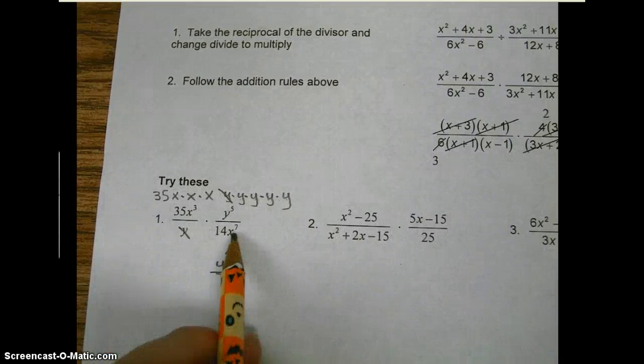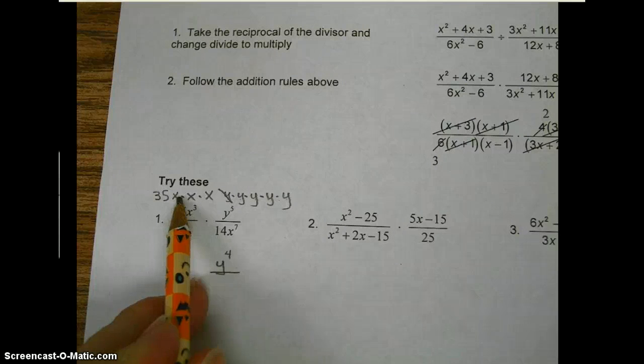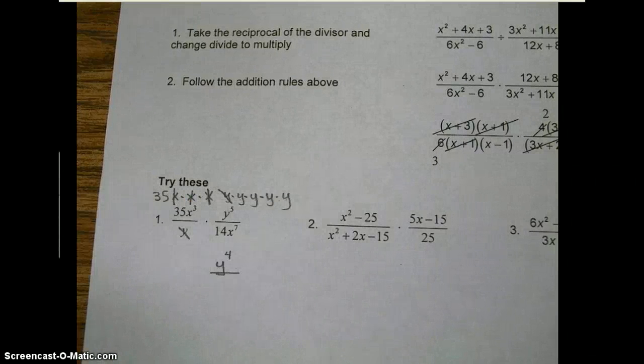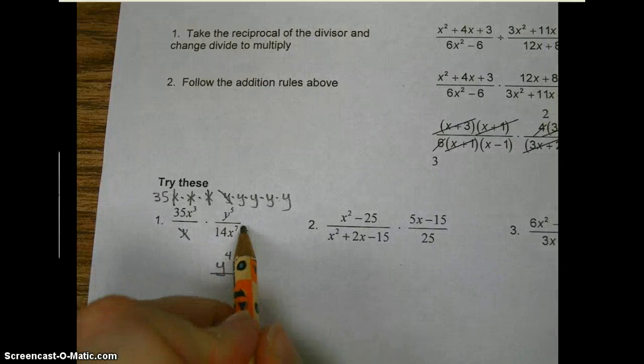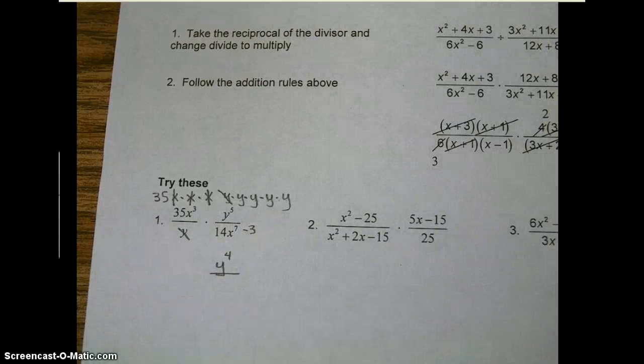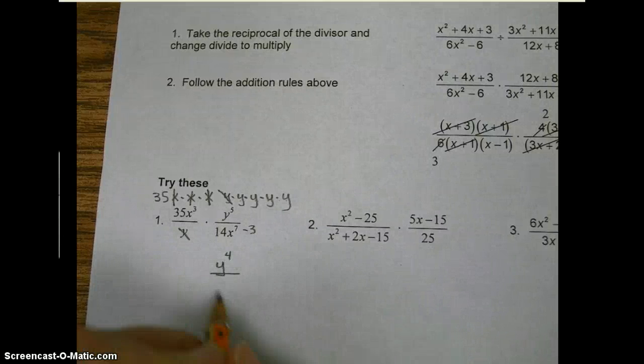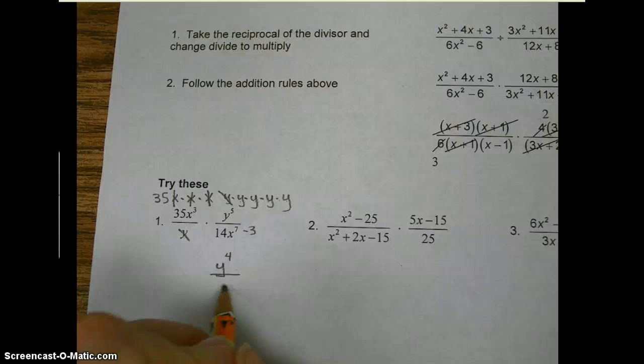Now we have 7 x's here and 3 here. So we can cancel 1, 2, 3 x's. So if we subtract 3 from 7, that's going to give us 4 x's down below. So we'll have x to the 4th.